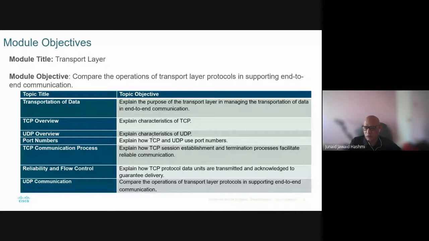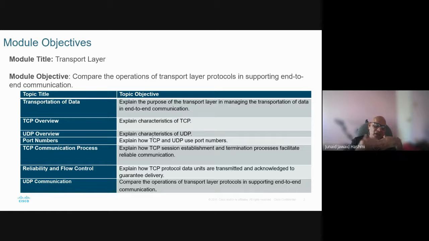In this module you will learn about data transportation. We're going to overview the TCP characteristics, which is important. TCP is one of the protocols of the TCP/IP suite of protocols.